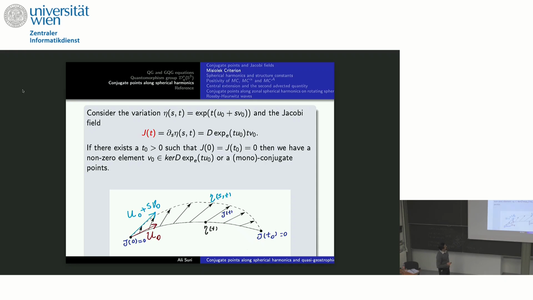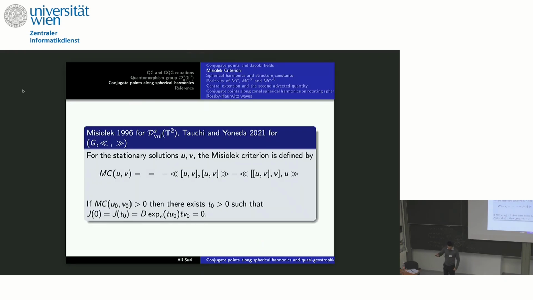And in another work in '96, he introduced a criterion, we call it the M criterion, which says that if this criterion for some initial conditions u0, u and v is positive, then there exists a Jacobi field and a positive time T0 at which we have conjugate points. We will use this one. And also if this criterion is positive, we know that the sectional curvature is also positive.